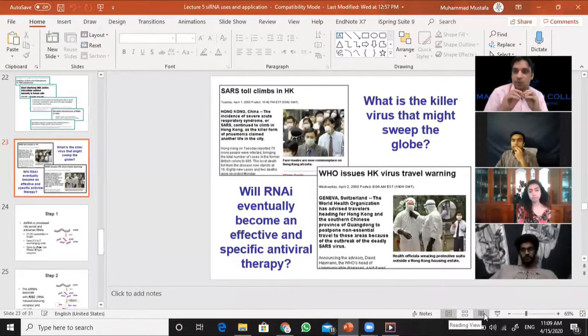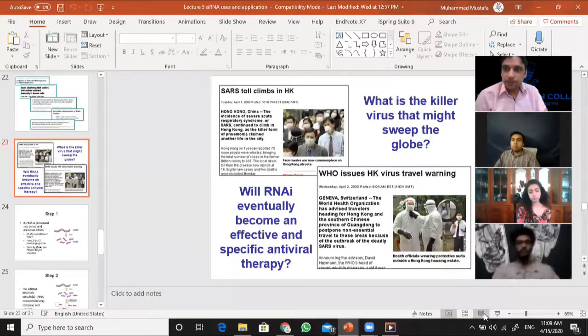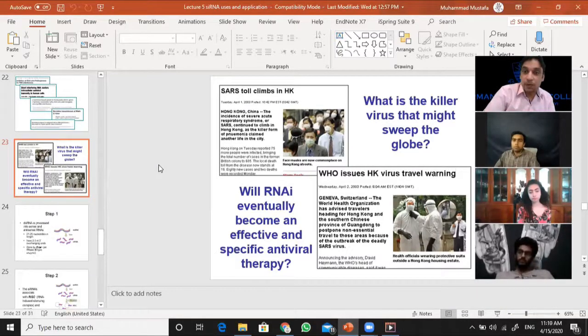Can we supply interfering RNAs which can go and interfere with the RNA of the coronavirus and downplay its function? This is an example where scientists tried to downplay the function of the SARS virus using RNA interference technology at that time.